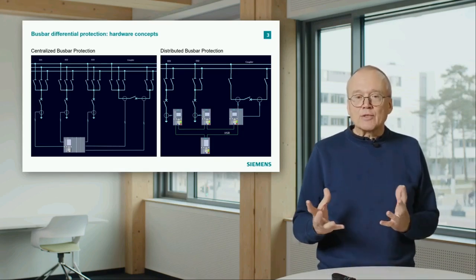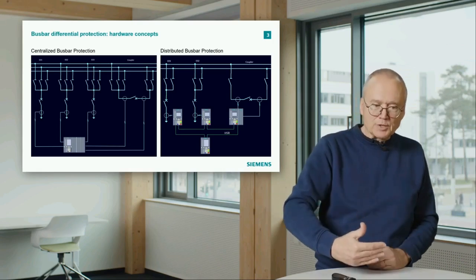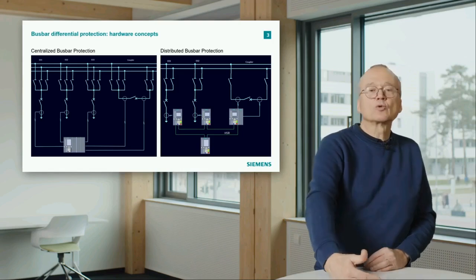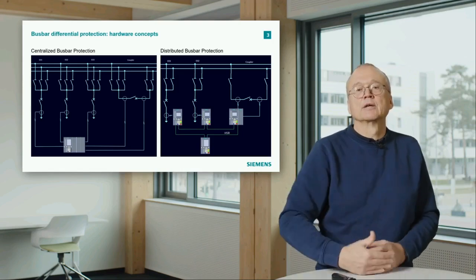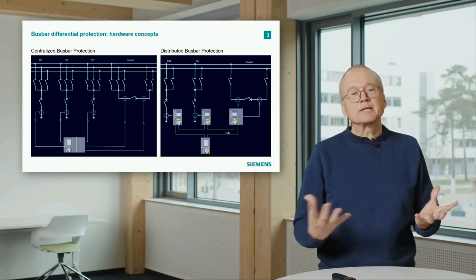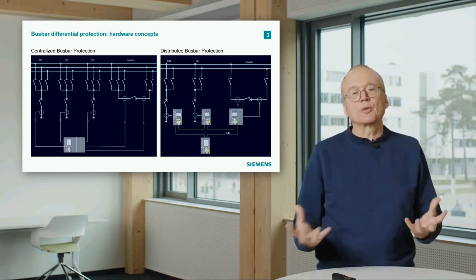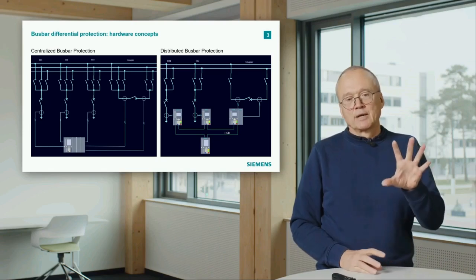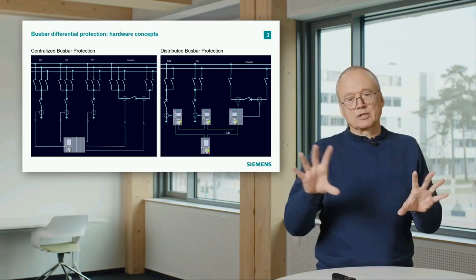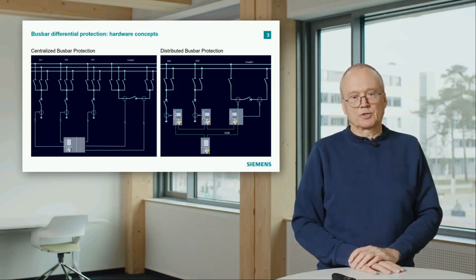And you see, this reduces the amount of copper wiring if the feeder units are located closer to the switchgear. That means it depends a little bit on the layout of the plant whether you take the centralized or the distributed concept.